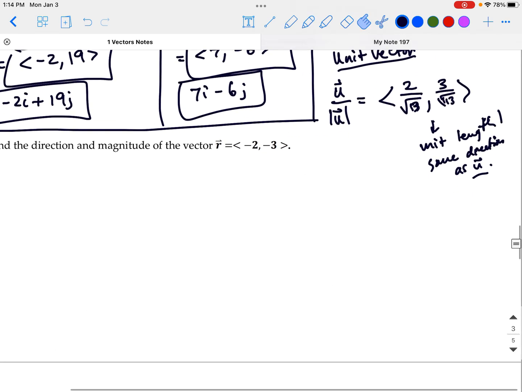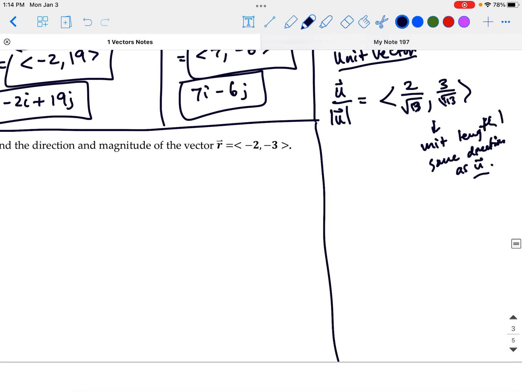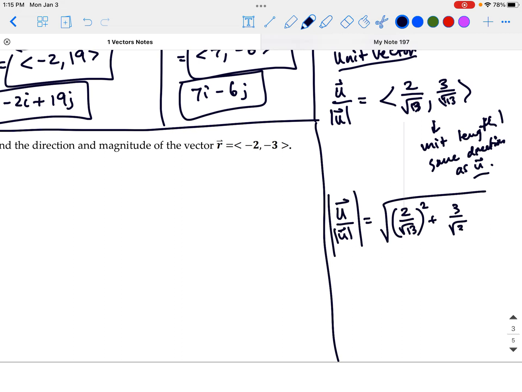So you might say, well, how do we know that that unit length is 1? Well, we can take the magnitude of the vector. So if I take my unit vector and calculate its magnitude, that's going to be 2 over rad 13 squared plus 3 over rad 13 squared, which is the square root of, well, we'll get 4 plus 9 over 13, which is 13 over 13, which just gives us the square root of 1.